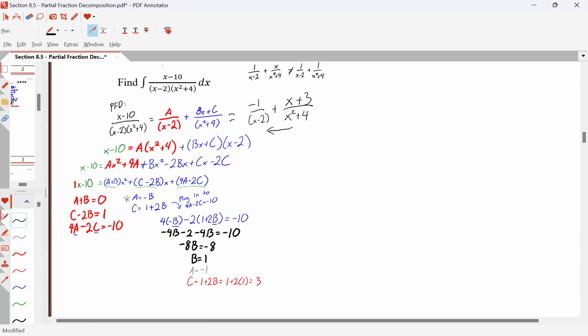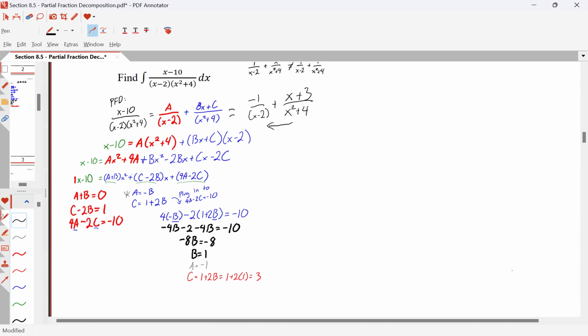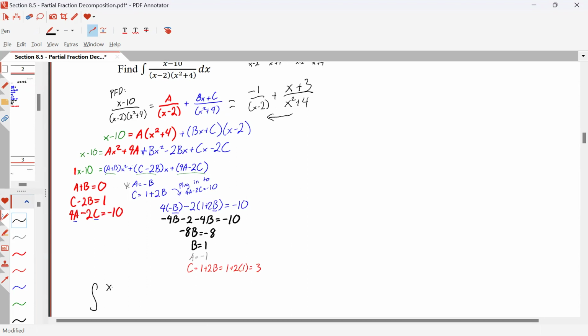So if I want to integrate x minus 10 all over x minus 2 times x squared plus 4, that would be the same as integrating negative 1 over x minus 2 plus x plus 3 over x squared plus 4.